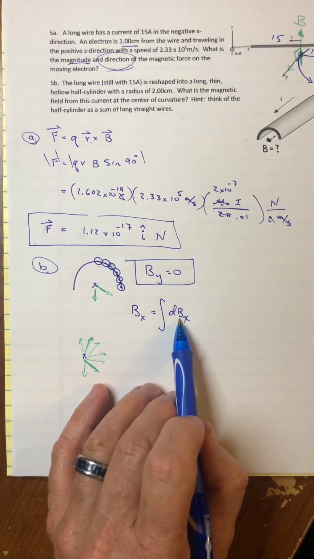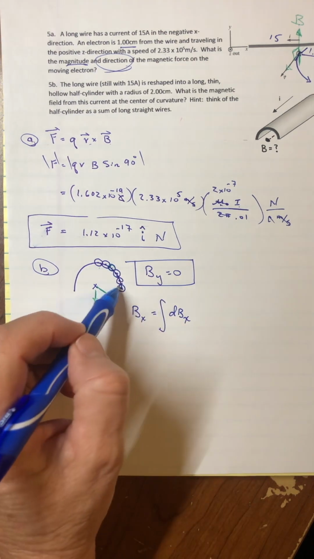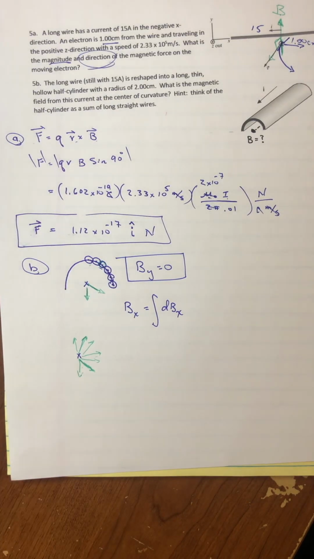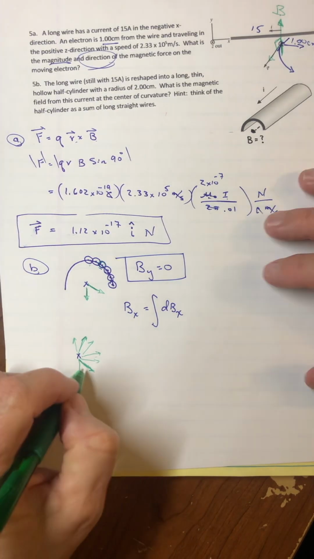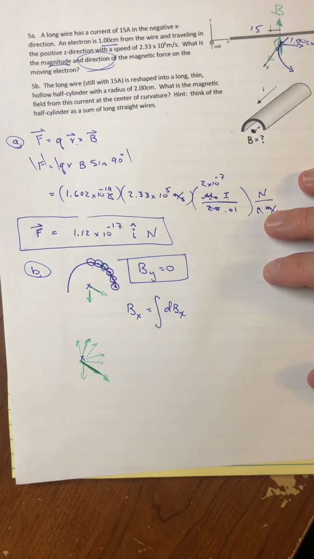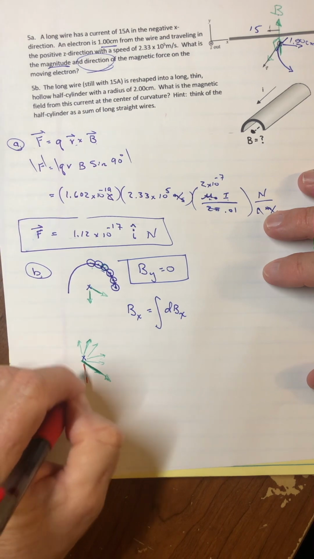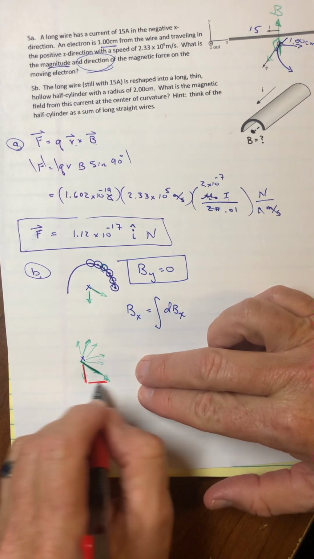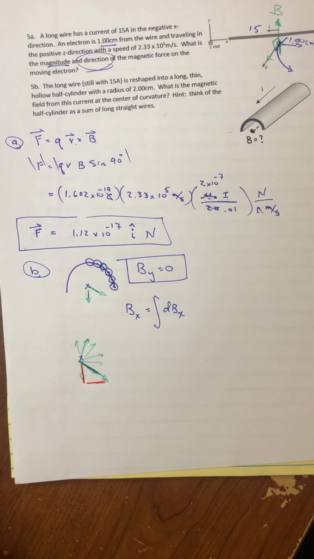And so we might start our calculation something like this and say, okay, the total in the x direction is adding up a little bit of x direction from each little piece, and then we're going to add up all those different currents. Drawing this one, I might think of it as a little bit in the y and a little bit in the x.